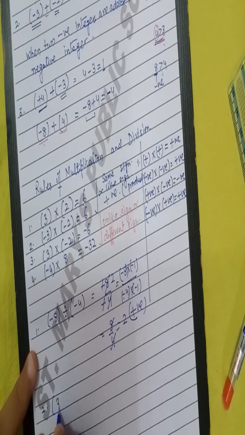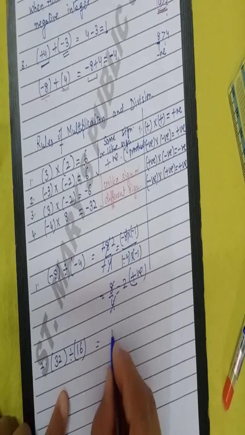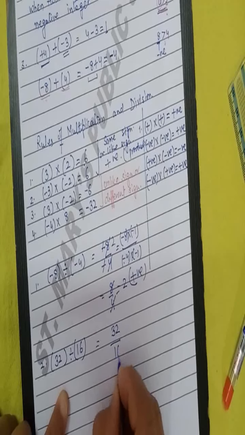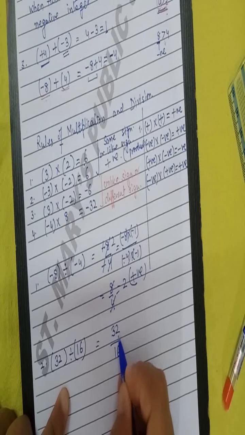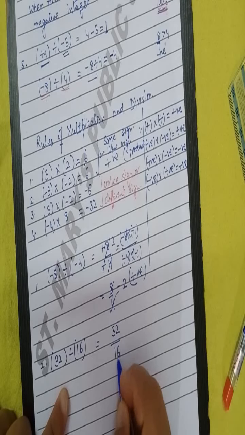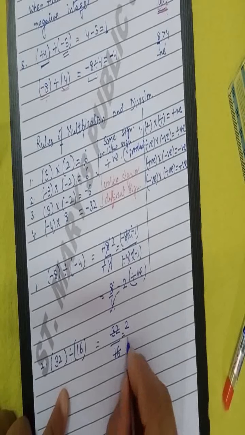Now the second example: 32 divided by 16. Both numbers are positive in this question. 32 is a multiple of 16, so we can cut 32 by 16. 16 twos are 32.